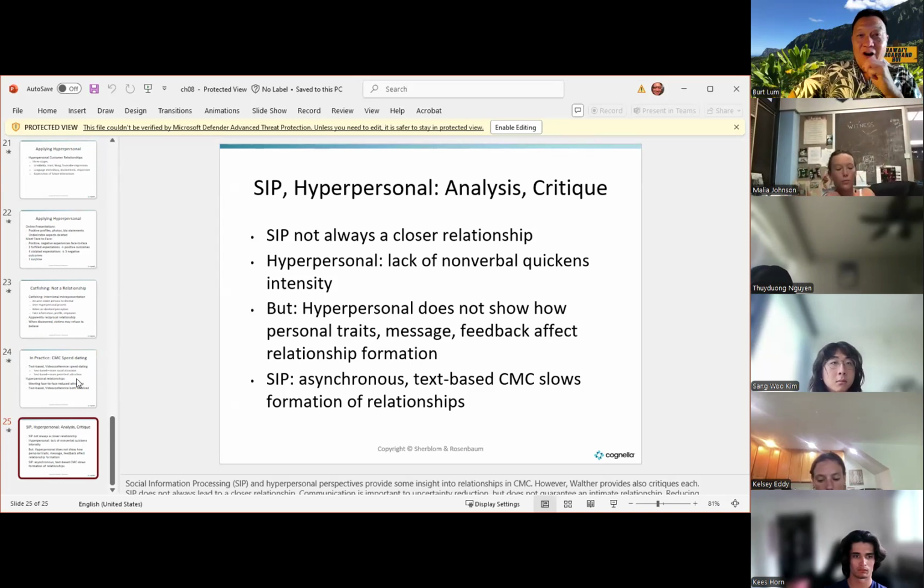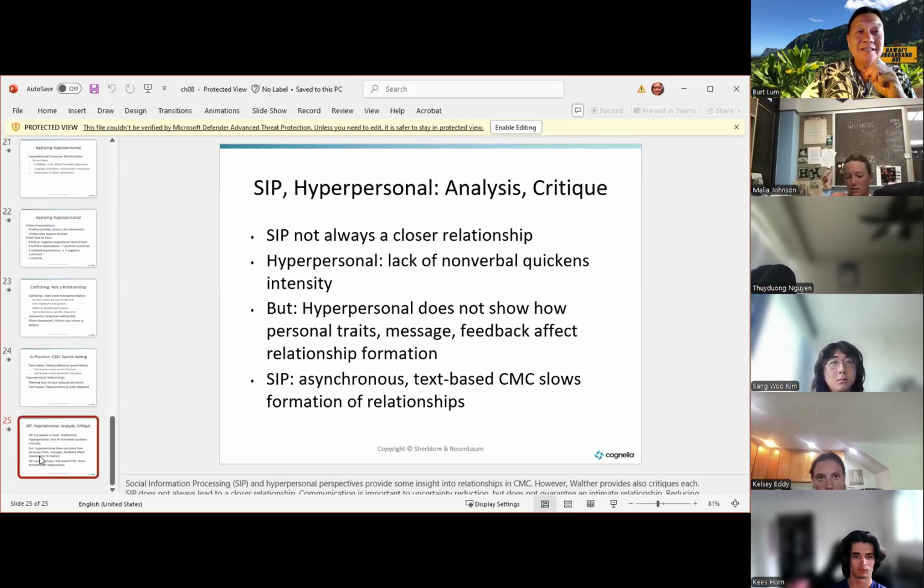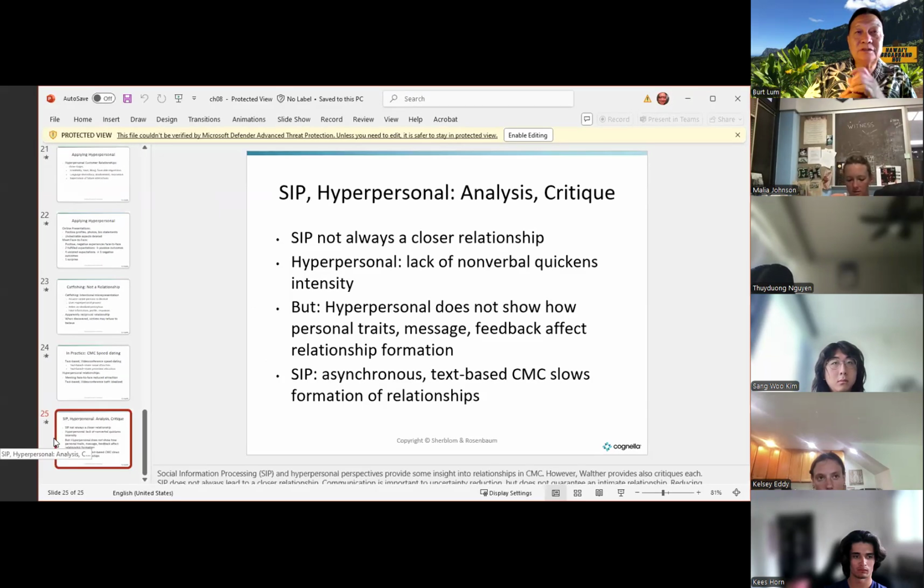But again, all of this stuff that we just covered are tools that will aid in the development of any relationship, but it's all interacting with each other. So it's not like one answer fits all.